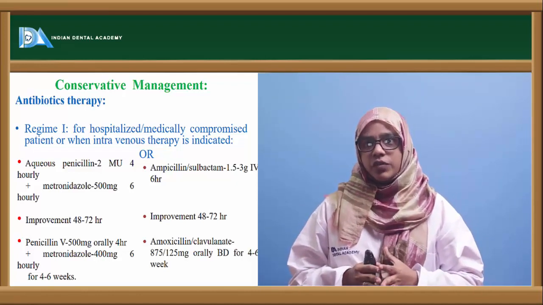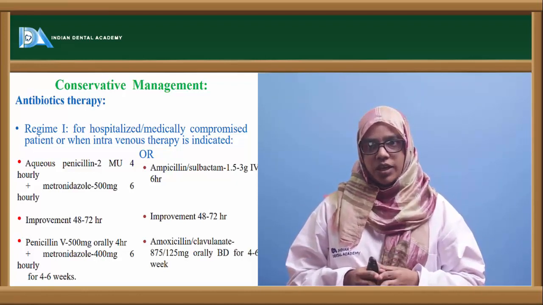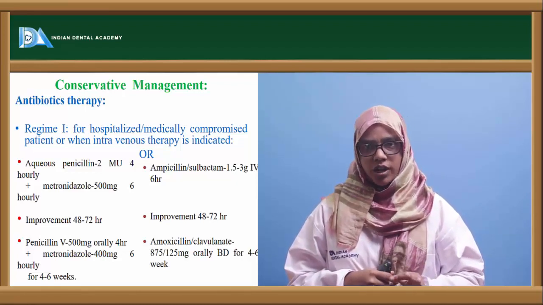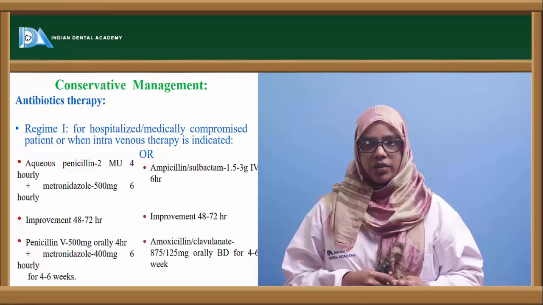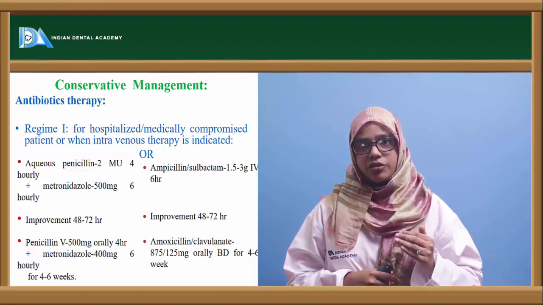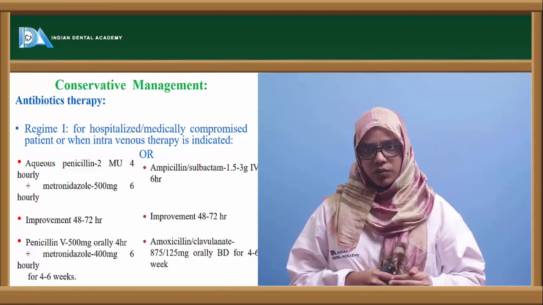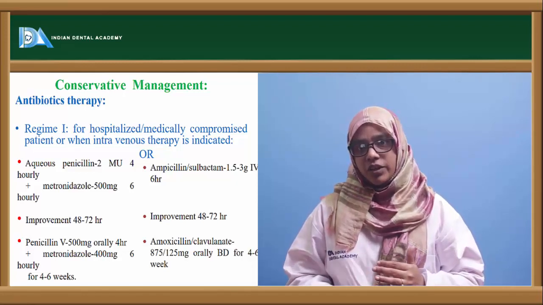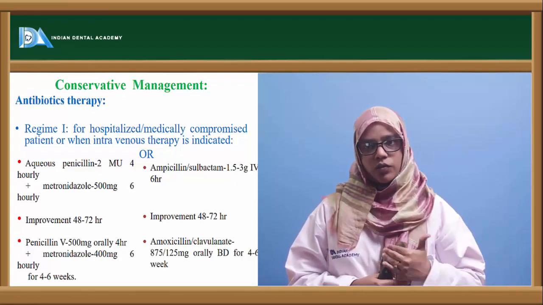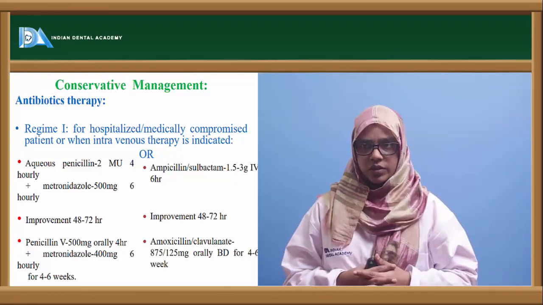Now, regime 1 is for a hospitalized patient. Okay. You start with aqueous penicillin 2 million units 4 hourly, plus metronidazole 500 milligram 6 hourly. Okay, if the condition improves after 48 to 72 hours, then you will shift from IV to oral, that is penicillin V 500 milligram orally and metronidazole 400 milligram orally for 4 to 6 weeks.